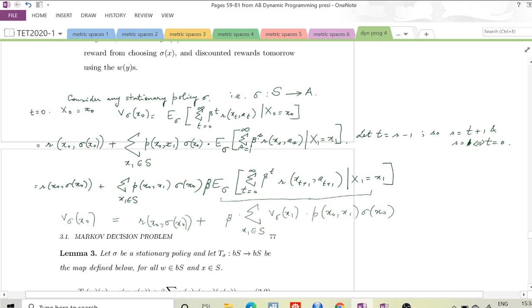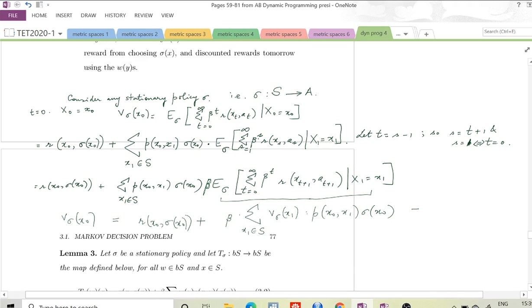right? So look at this relationship. It's a functional equation that v sigma solves, right? It's solving this functional equation. The function v sigma that maps from states to real numbers is on both sides.